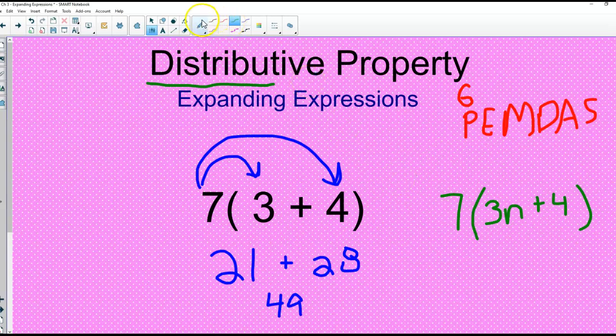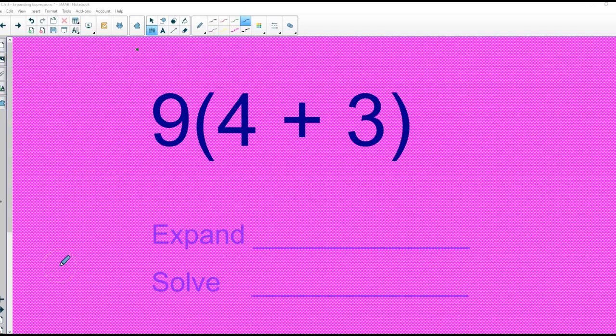Okay, let's look at another example of using the distributive property. If I am using the distributive property, I am handing out the number that is attached to the parentheses to everything on the inside. So this is 9 times 4, which would be 36. And then 9 times 3, which is 27.